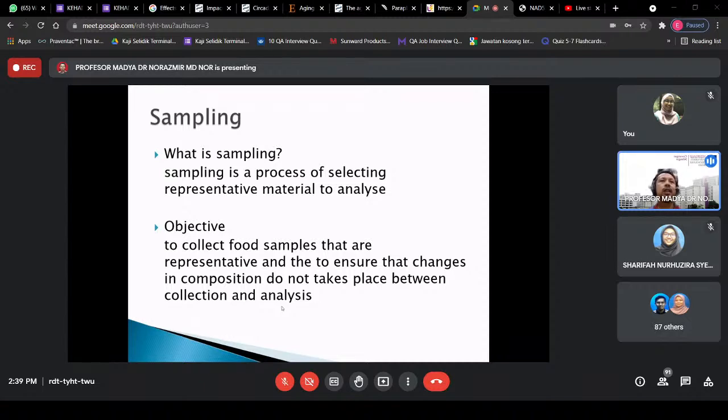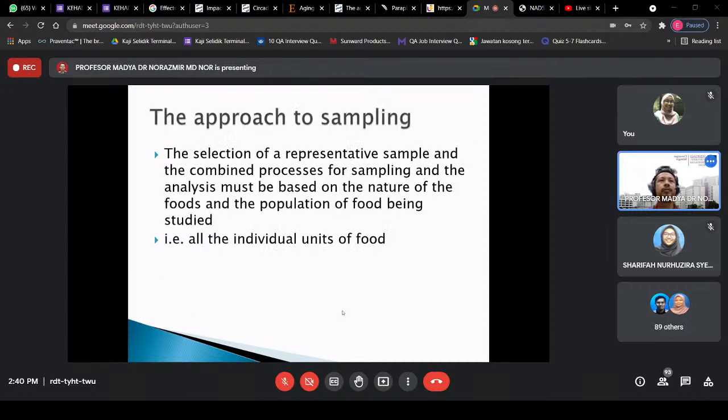Okay, sampling must be correct, and also the duration of collection and the analysis must be precise, under controlled conditions. So we don't want any contamination or any disruption in between that will affect the properties, like chemical changes, contamination, enzyme activities. So that's the objective of sampling.